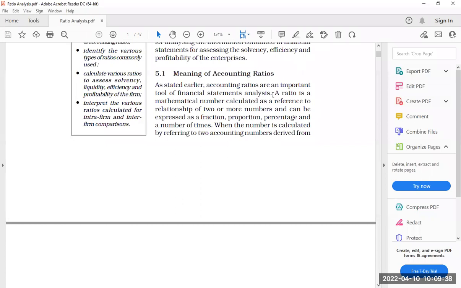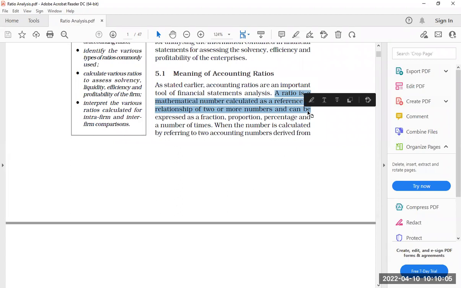Look at this. A ratio is a mathematical number calculated as a reference to the relationship of two or more related accounting numbers. Mathematical relationship. Example, profit and sales, investment and sales, investment and profit. Okay. Borrowings and owned capital. Suppose I have 2 lakh rupees as equity, 1 lakh rupee as loan.